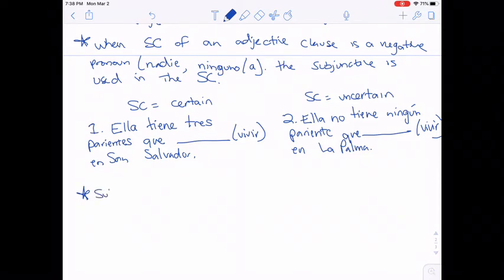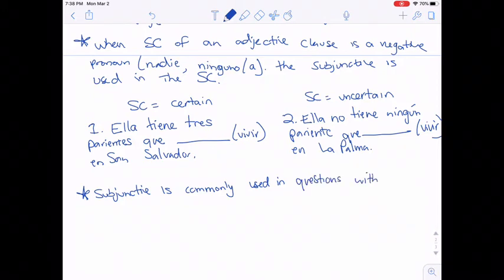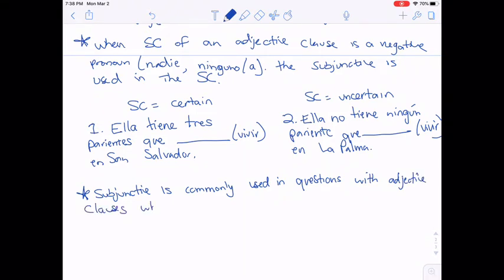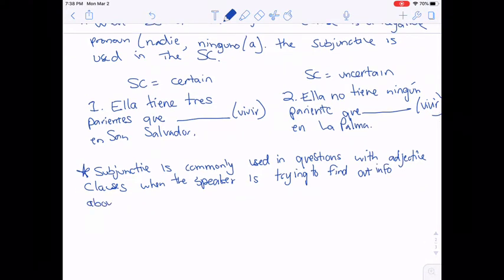So subjunctive is commonly used in questions with adjective clauses when the speaker is trying to find out info about what he or she is uncertain, which is basically any question.